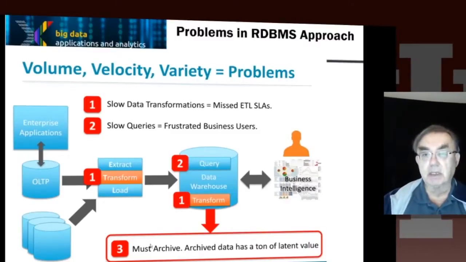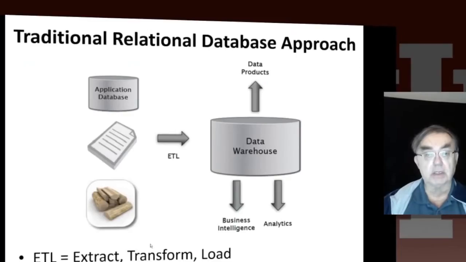So that's traditional architecture. Even more simply, it's shown here: ETL from diverse data sets, put it into the warehouse, and then you do analytics on the warehouse, getting business intelligence. You also do transformations to get data products.